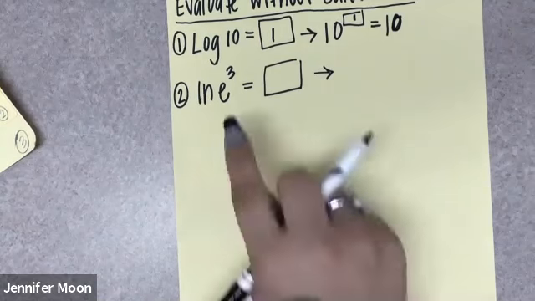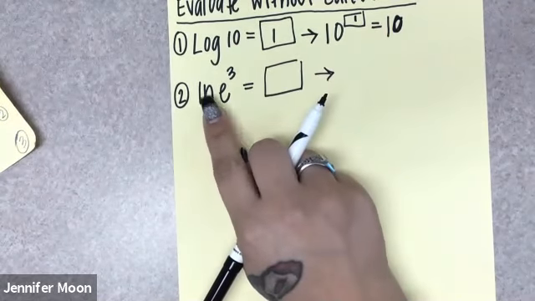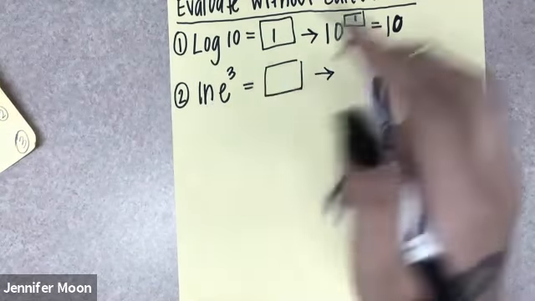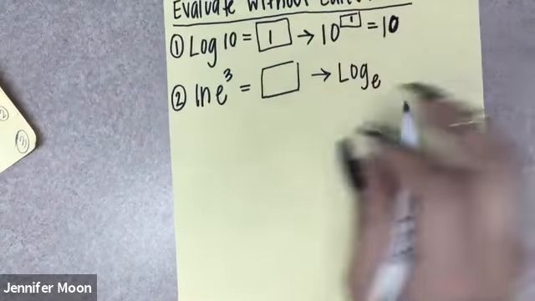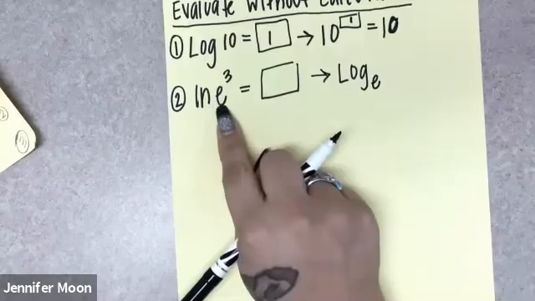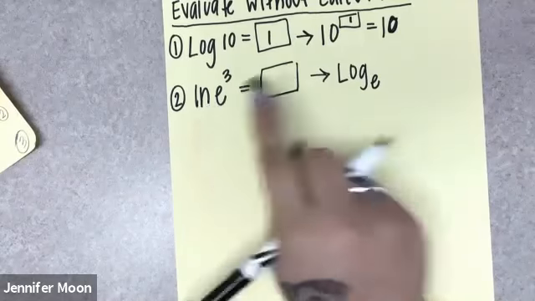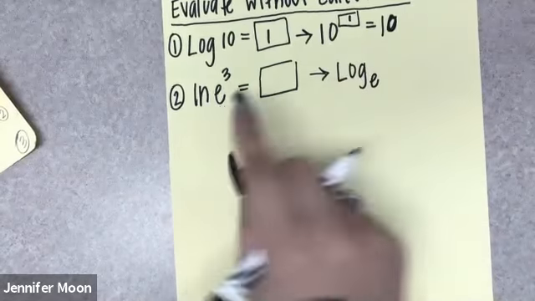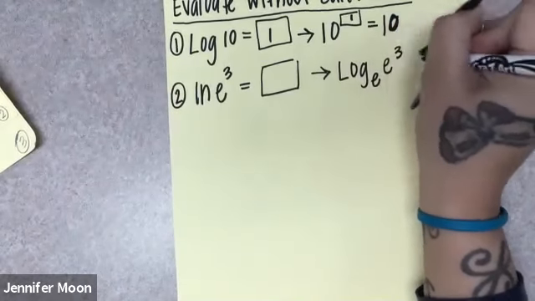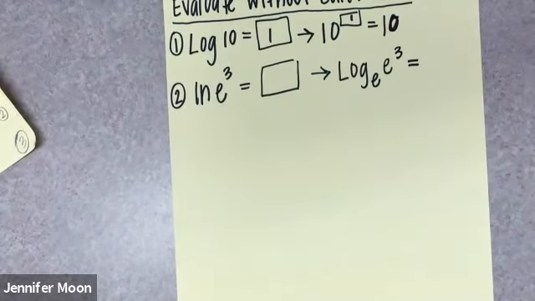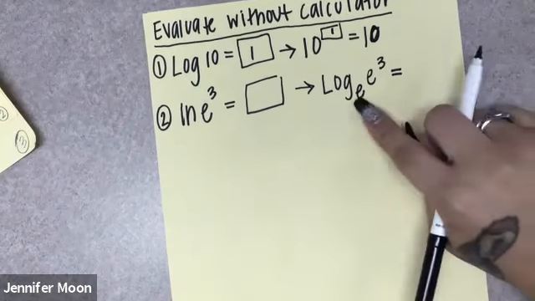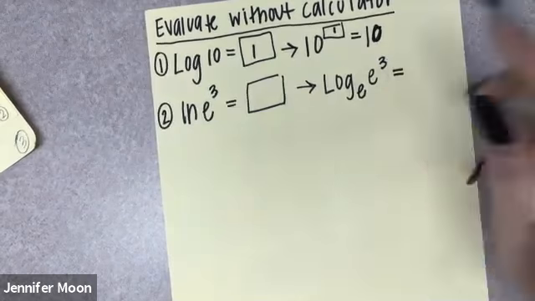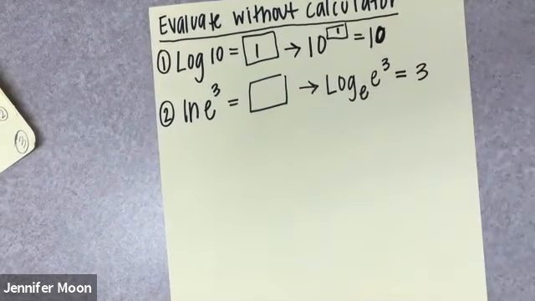I was taught that if I have a natural log, the way I solve this by hand is to take the log base e of what you're taking the natural log of. So you wouldn't write natural log, I'm just going to write the e cubed right here. And then I notice that property, right? Yes, I've got those 3 things right here. And so my answer is just the exponent, which is 3.